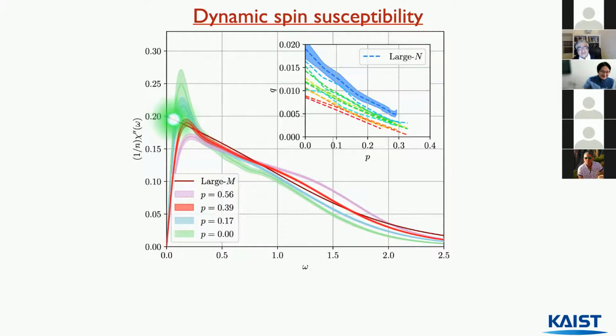And the brown line here, which says large M, is the exact solution obtained numerically of the model that Jinwoo and I first solved, the SYK model. That is the numerical solution of it, rescaled to set the value of J. It's slightly different, but it seems to match extremely well.